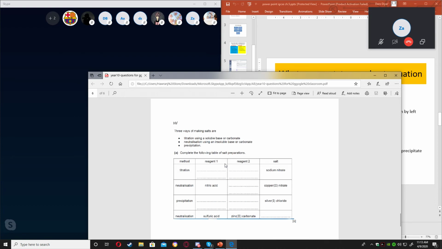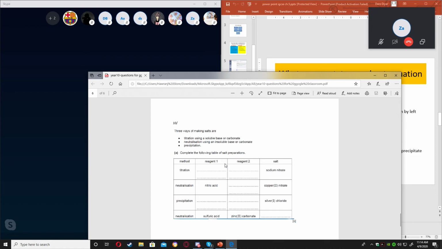For example, if I use sodium hydroxide with hydrochloric acid, and I use phenolphthalein as indicator, we add the phenolphthalein to the conical flask with the acid, and we add the NaOH to the burette, okay?